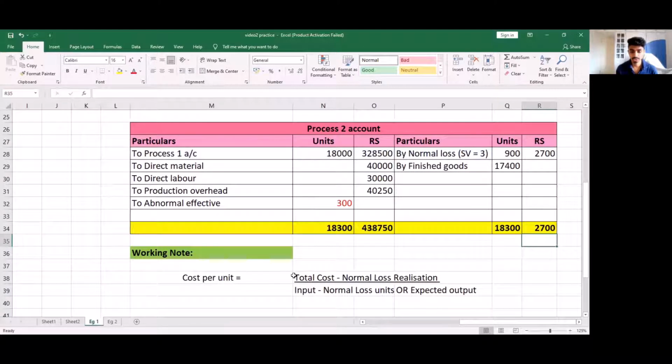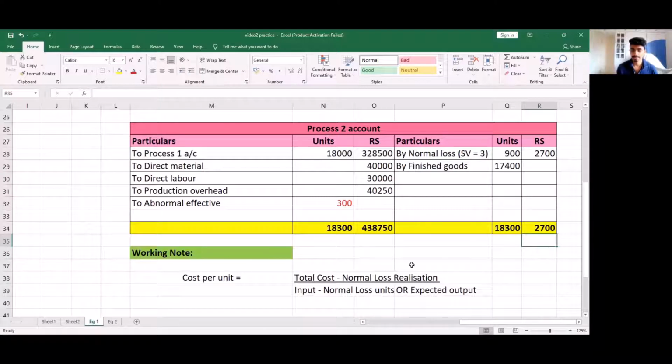So here we consider the input of 18,000, and make sure you don't consider 18,300, because we are considering only the input. So now 18,000 minus normal loss, which is 900. We get 4,36,050 divided by 17,100, which gives us 25.5. So this is our cost per unit.